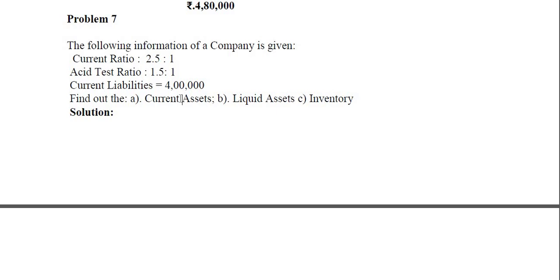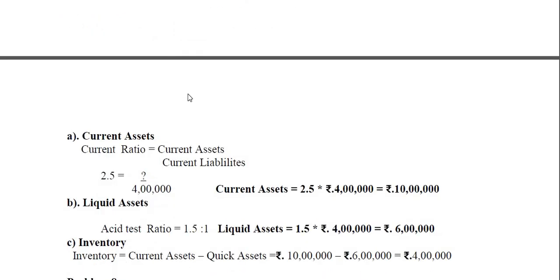Okay. See, current liabilities are 4 lakh. Here current ratio means current assets is to current liabilities. Current liabilities are 4 lakh. Then current assets are 2.5 times that of current liabilities.